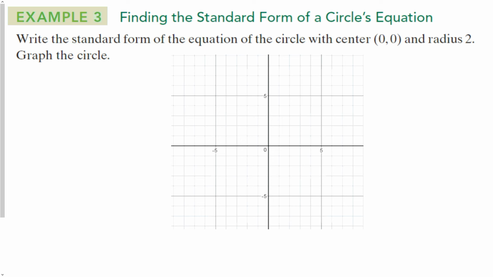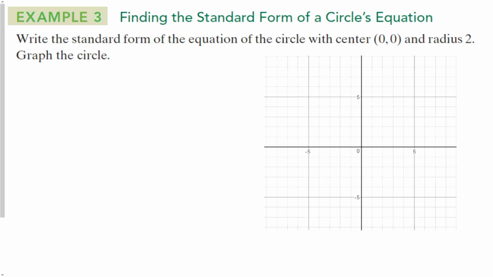So let's just slide this over for a second. My equation for a circle is (x - h)² + (y - k)² = r². Now we can just fill in the numbers.